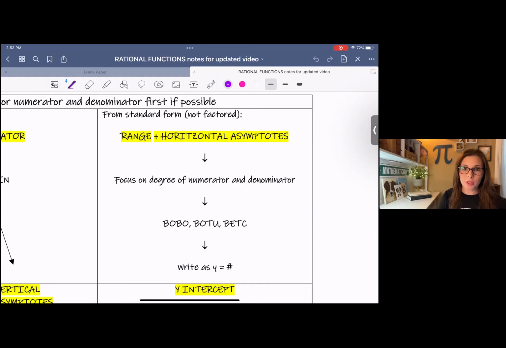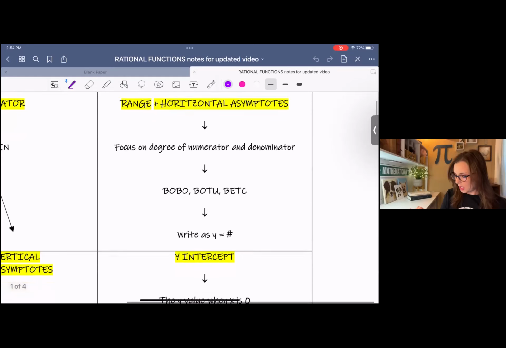I had a little memory device in a previous video, BOBO, BOTU, and BOTTOM. It's just a memory device to help steer you in the right direction for where your horizontal asymptotes are. And then once you find that, you write it as an equation of a line because it is a line, y equals whatever number it is. And that has to do with the degree of the function. And I'll show you an example, so don't worry.